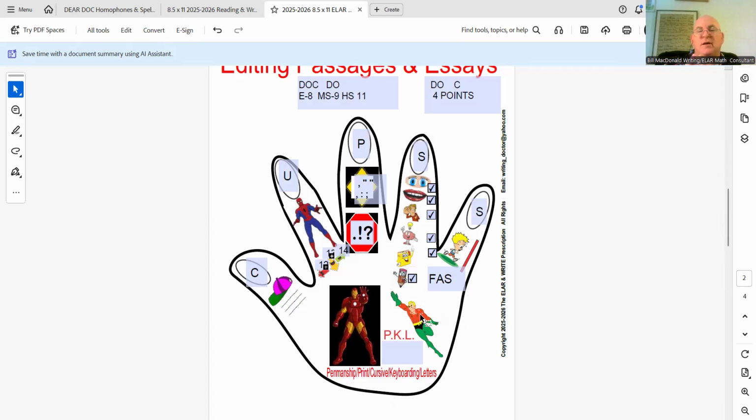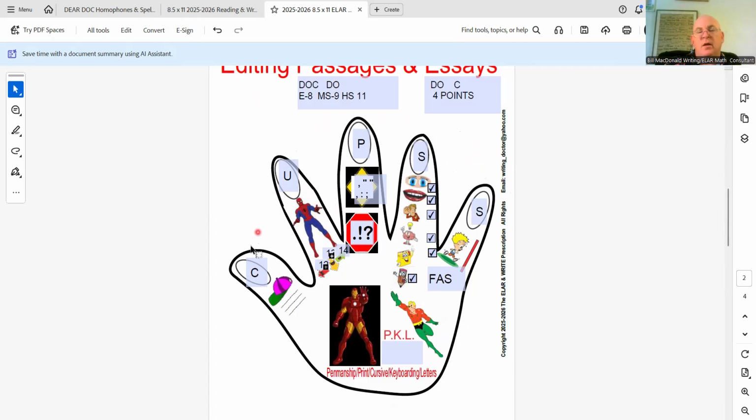First and or second 6 weeks, capitalization. Second and or third 6 weeks, punctuation. While or after you teach the understanding of a sentence, you will spend a couple of weeks or a month if you feel like it's a skill that is not going well on sentence boundaries.